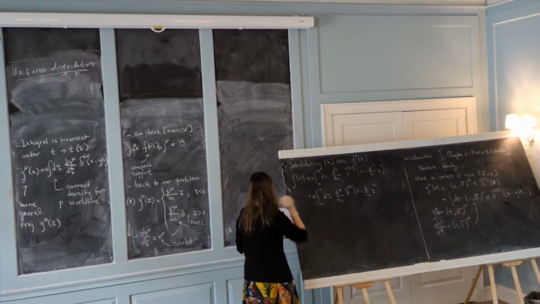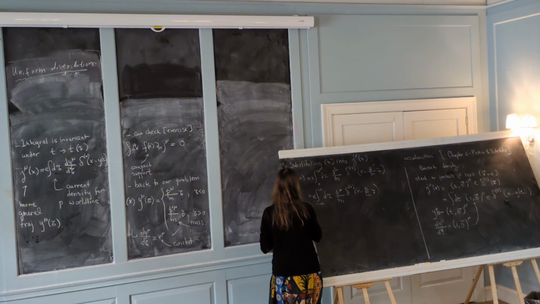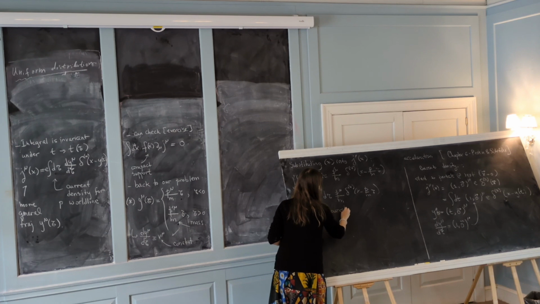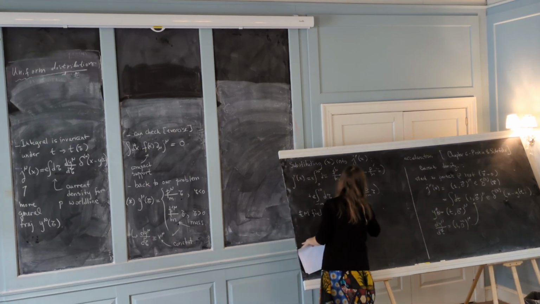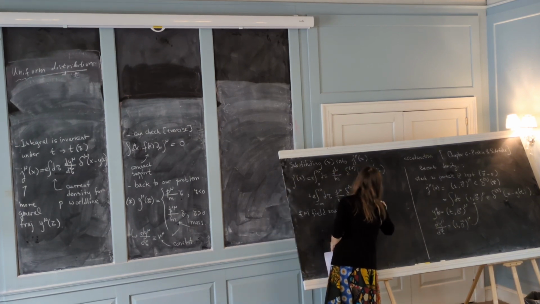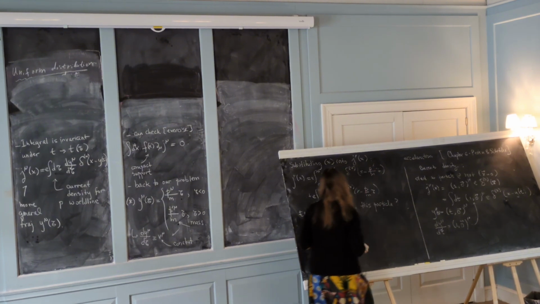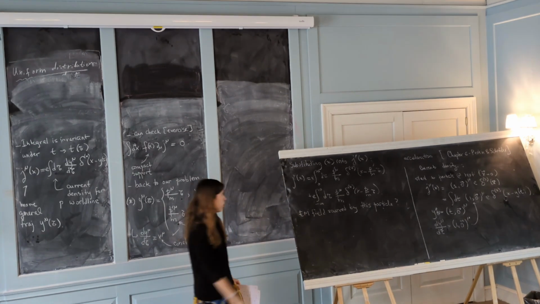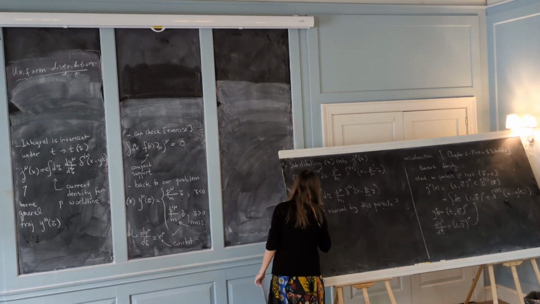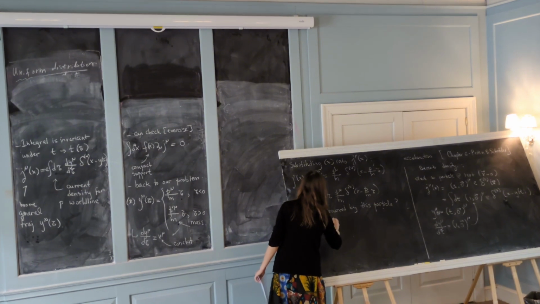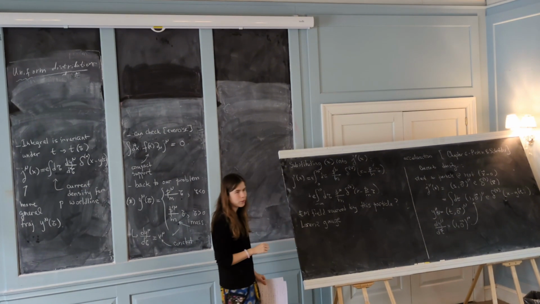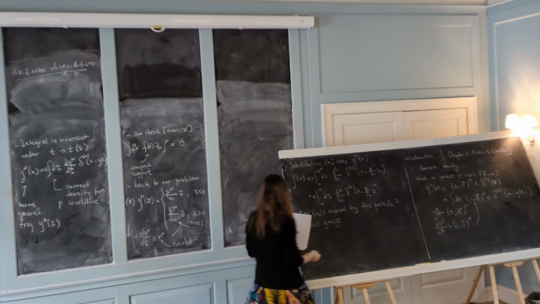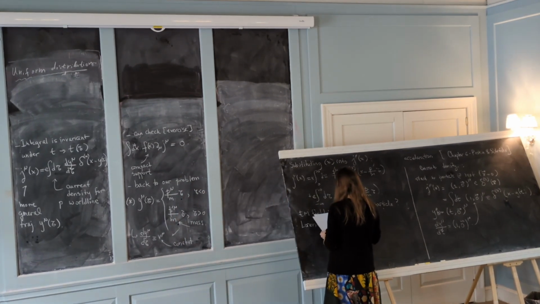So now, given this current density, we are interested in the electromagnetic field sourced by this particle. And I'm going to work in the standard Lorentz gauge, where Maxwell's equations can just be written as a differential equation for the gauge potential. So box of A mu is equal to J mu.